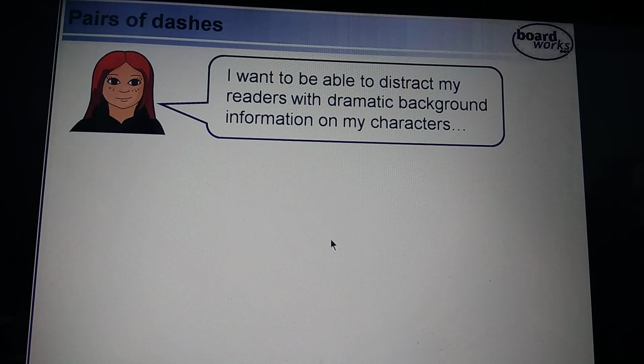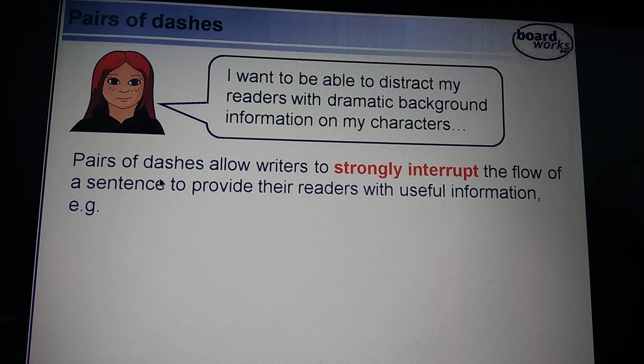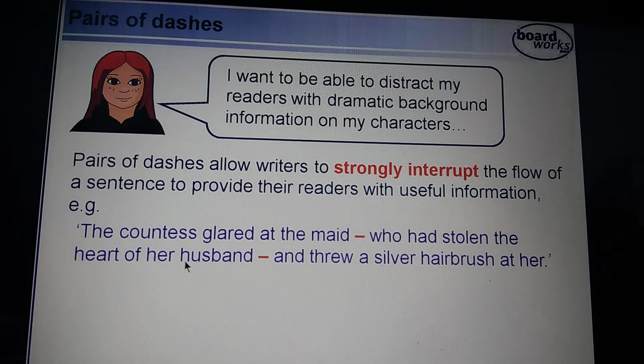Okay, now the use of a dash. See the examples. Pairs of dashes allow writers to strongly interrupt the flow of a sentence to provide their readers with useful information. For example, the countess glared at the maid, who had stolen the heart of her husband, and threw a silver hairbrush at her. The explanation or information is not necessarily needed in the sentence, but if the reader wants details, it is needed.